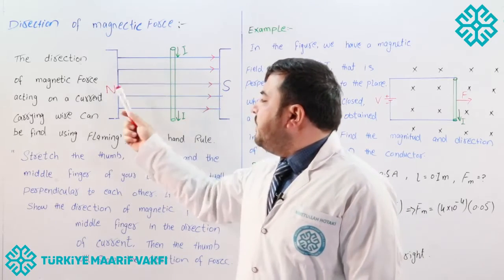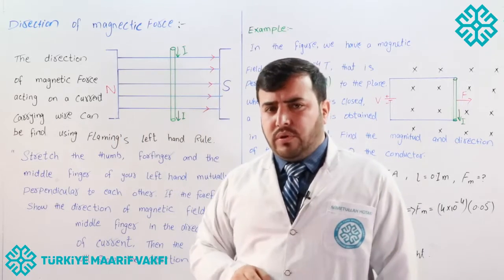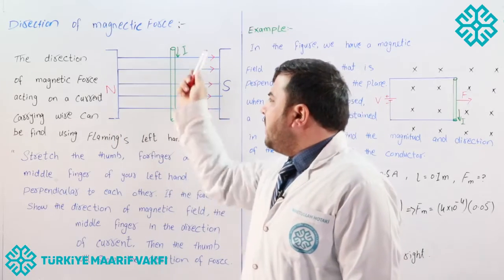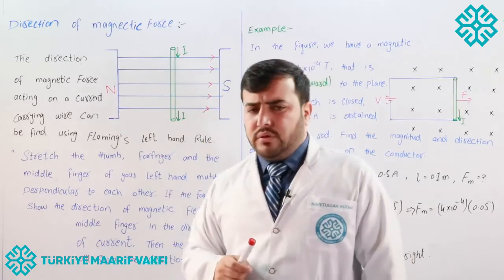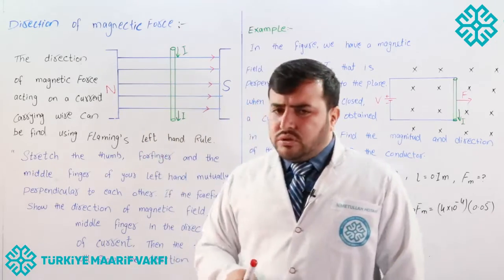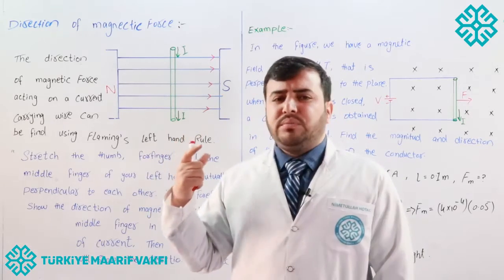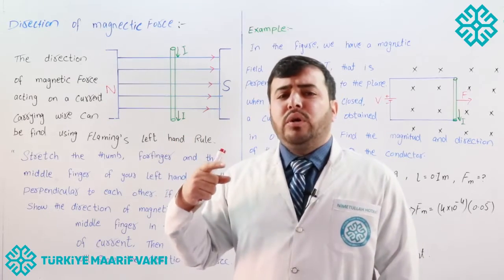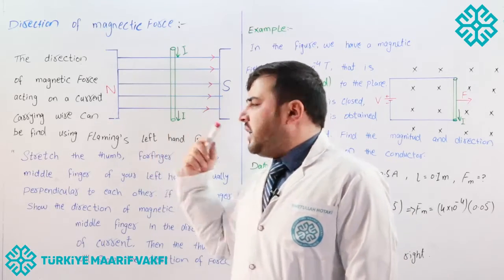The magnetic field lines originate from the north pole to the south pole, and a current carrying conductor is placed inside the magnetic field. When current flows through the wire, it will experience a force, and we will find the direction of that force acting on this conductor.